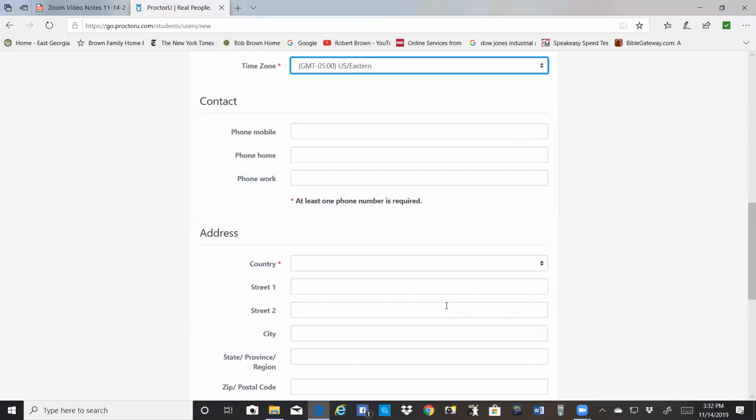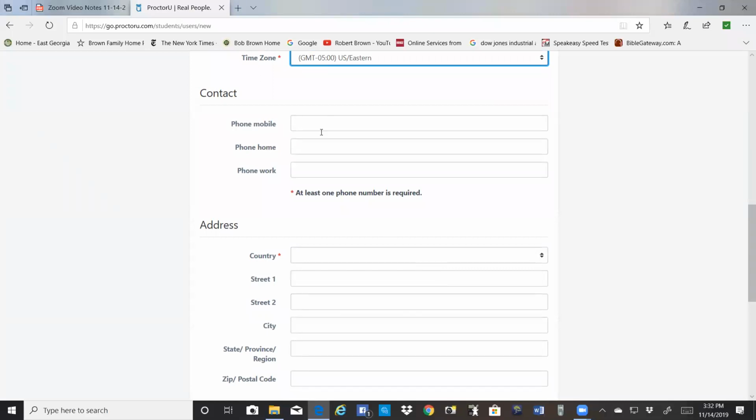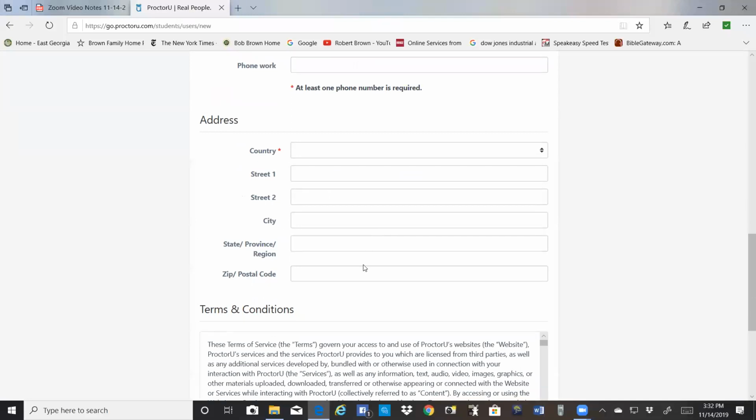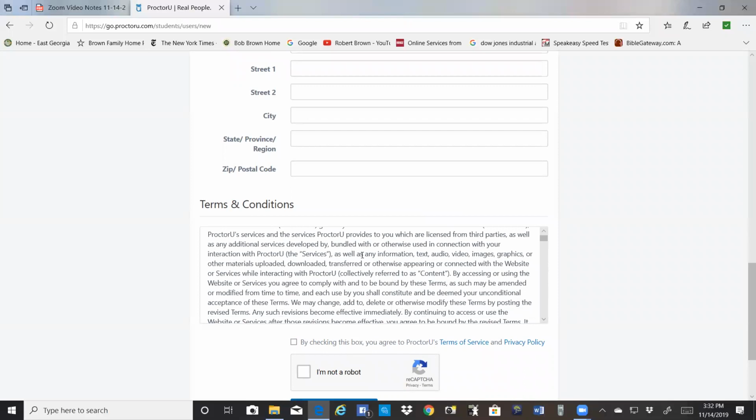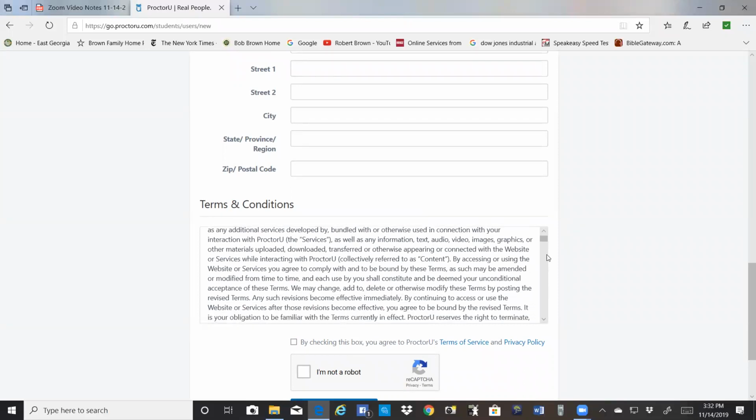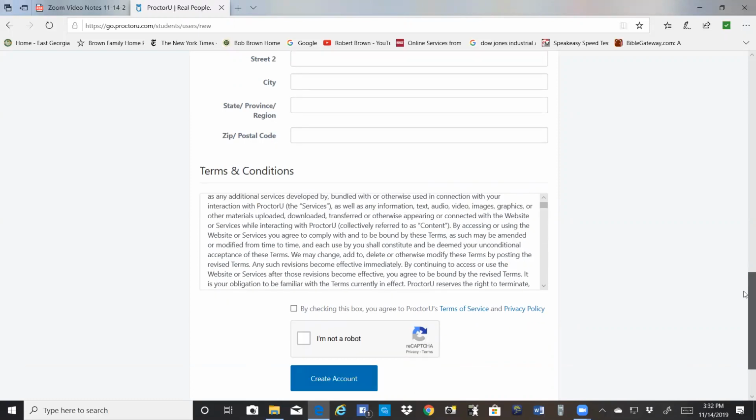Put in your mobile phone and any other phone numbers you have for them to contact you. Most people will only have like a cell phone. And then your address, zip code, and everything, and sign the terms and conditions. And then you will have an ID and a password.